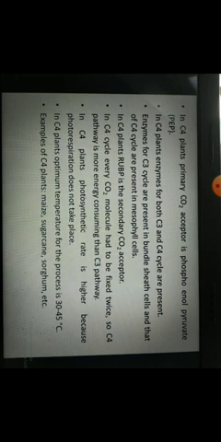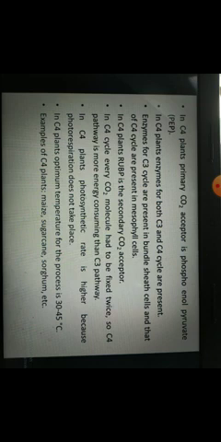In C4 plants, primary carbon dioxide acceptor is phosphoenol pyruvate. Now in case of C3 plants, you know the primary carbon dioxide acceptor was RuBP, ribulose 1,5-bisphosphate. But in case of C4 plants, the primary carbon dioxide acceptor is phosphoenol pyruvate. Now the second point is that in C4 plants, enzymes for both C3 and C4 cycle are present. In C3 plants, the first enzyme was RuBisCO, ribulose 1,5-bisphosphate carboxylase oxygenase.